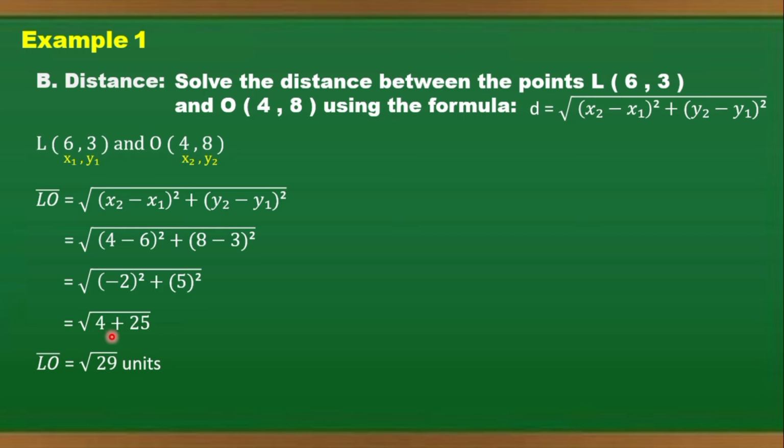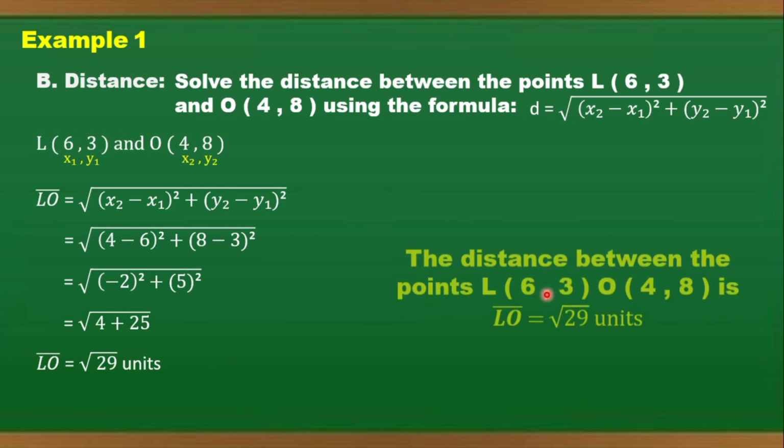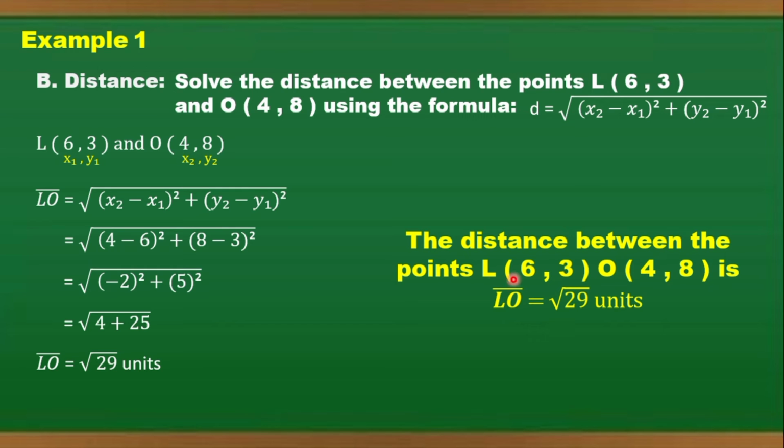So 4 plus 25 is square root of 29. So our line segment LO is square root of 29 units. The distance between the points L, open parenthesis 6, 3, close parenthesis, and O, open parenthesis 4, 8, is line segment LO is equal to square root of 29 units.